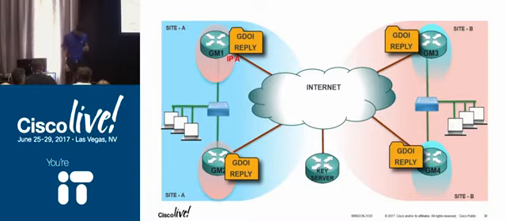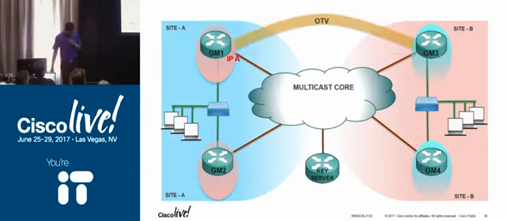Now let's see how the GET VPN control plane, now that we have built those permanent ISAKMP tunnels, would behave in the OTV setup. I have the same setup, with just the OTV tunnel built. The overlay has been built between both sites, and I have a multicast core.